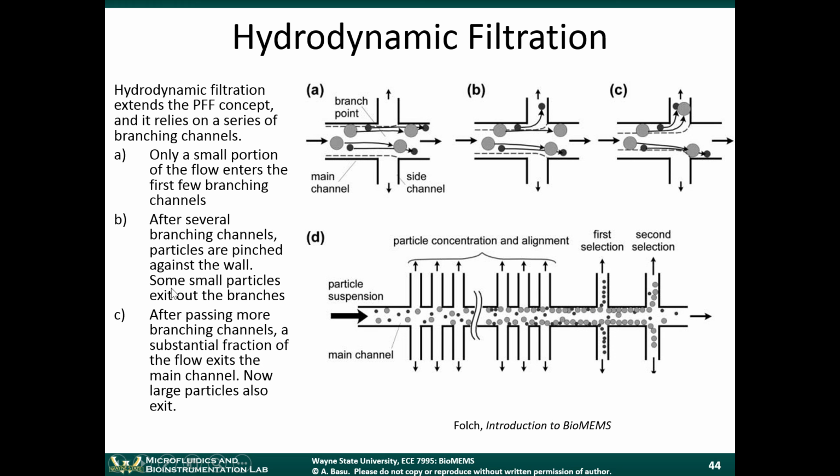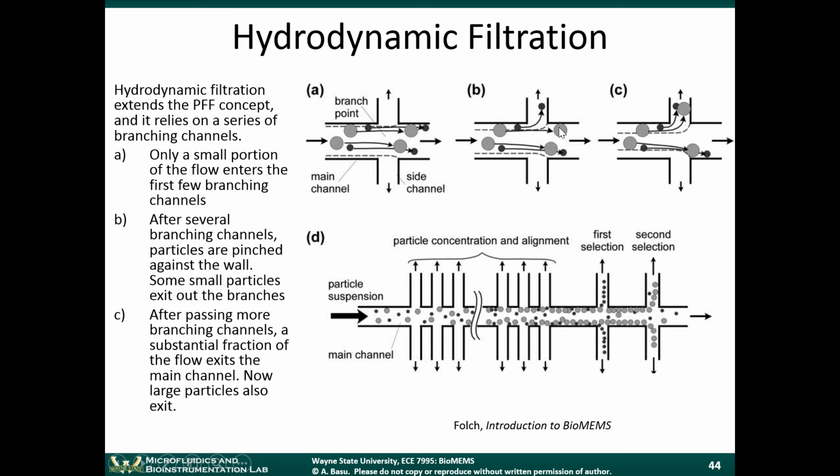Some small particles exit out the branches. So this is what we're looking at here. The small particles have a center of mass which is very close to the wall, so the streamlines that they follow are the ones that will follow into this branch here. The larger particles follow more the center streamline, so they kind of go straight here.